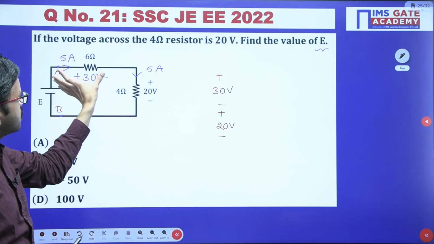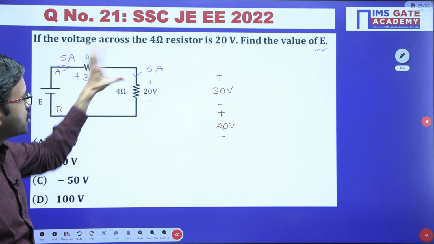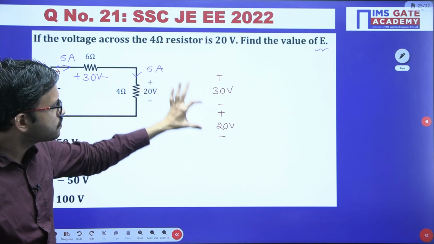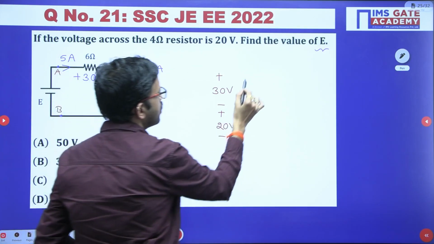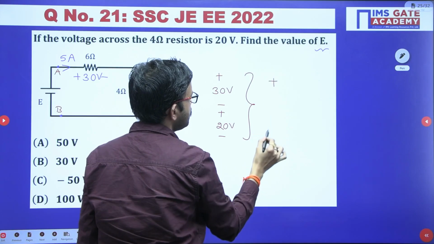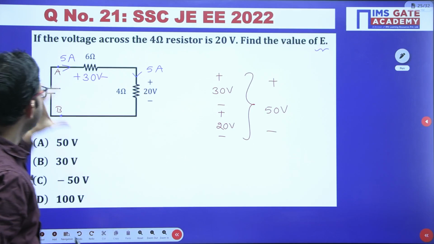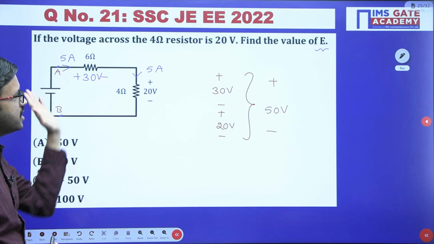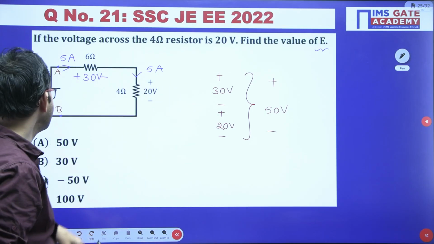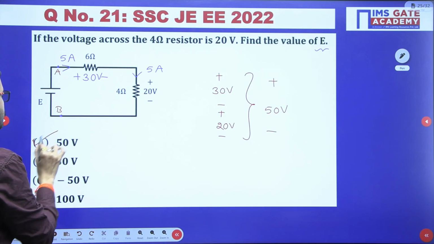In this case both are same. Now we can add the polarities. 30 plus 20, that is 50. With respect to AB, left hand side you are having E, right hand side you are having 50. So that means E value is nothing but 50 volts.